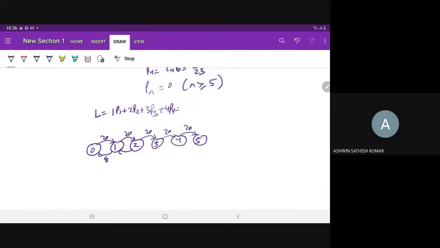When two customers are present, both servers will be active, providing service at the rate 2 into mu, that is 16.